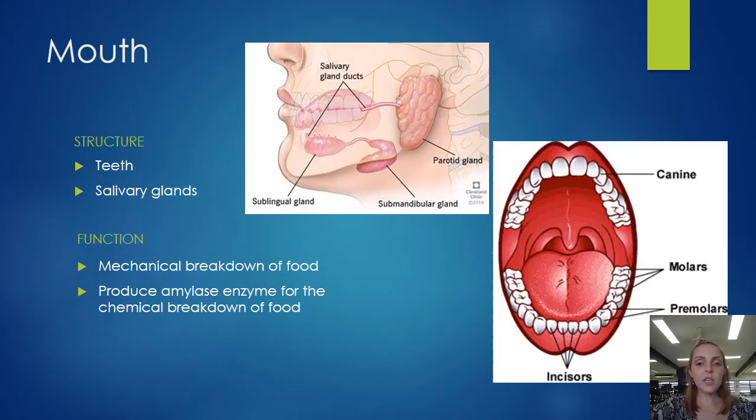Okay, so going through the digestive system and starting at the mouth, I mentioned that we've got the teeth and the salivary glands, which are really important. The teeth we spoke about earlier, looking at the different types of teeth for the mechanical breakdown of food.